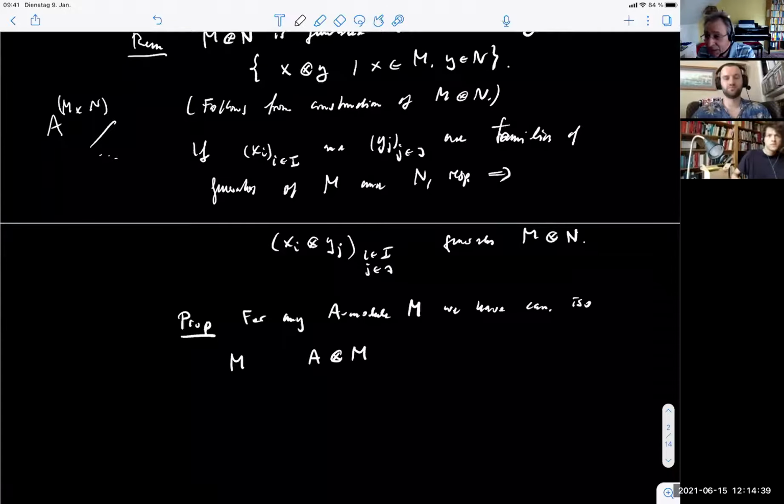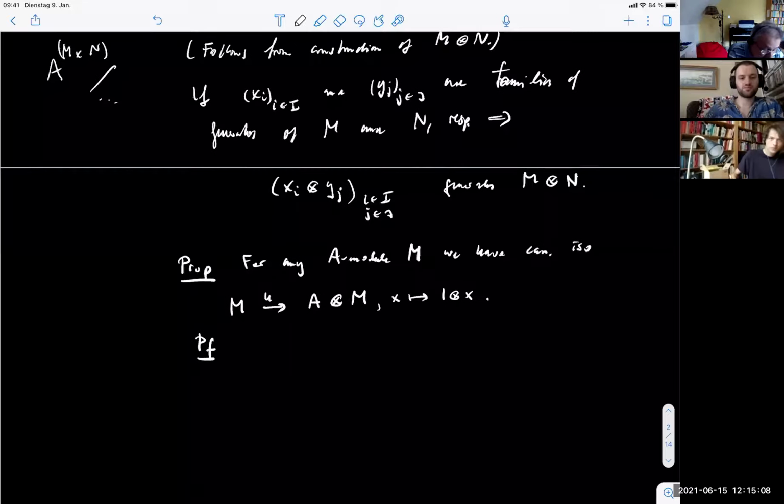A tensor M is an A module. What is it? The statement is, this is canonically isomorphic to M. We have a canonical isomorphism, and this maps the element X to one tensor X. Let's call this U. So in a way, A tensor M is like M. So A is like the neutral element with respect to the tensor multiplication. So let's prove this.